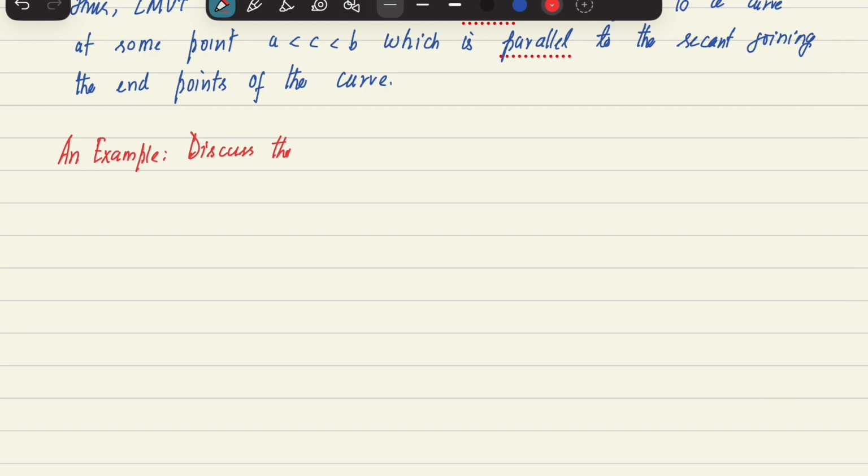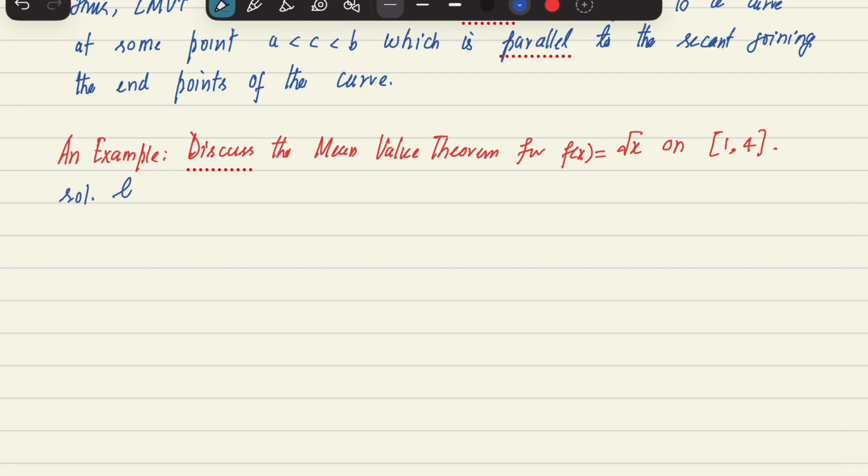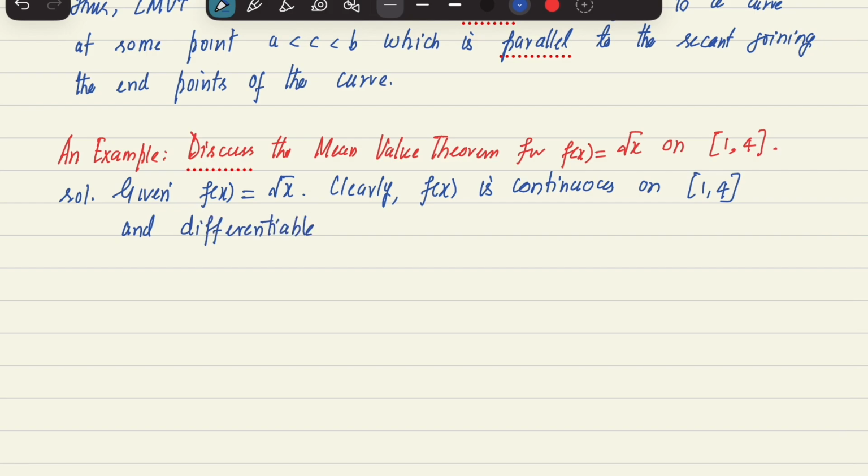Discuss the mean value theorem for f of x equal to square root of x on the interval [1, 4]. In the solution, we are given f of x is equal to square root of x. Clearly f of x is continuous on [1, 4] and differentiable on the open interval (1, 4).